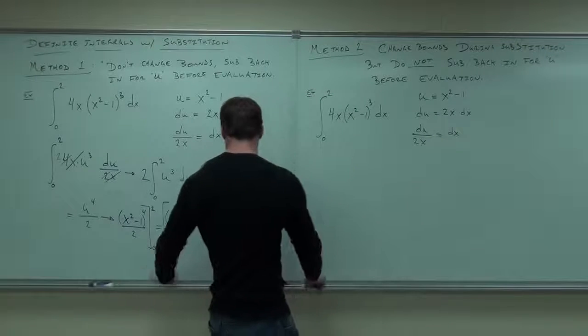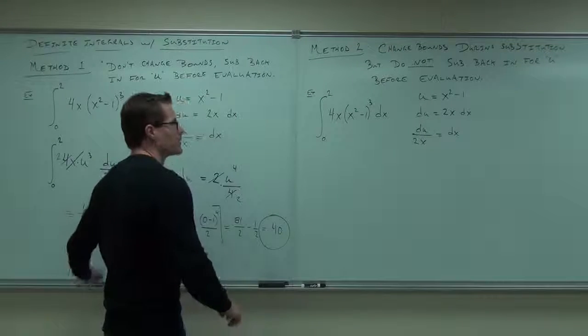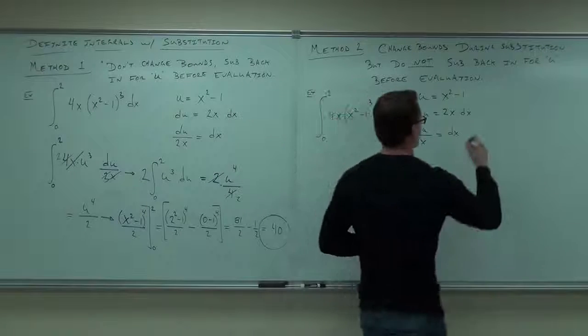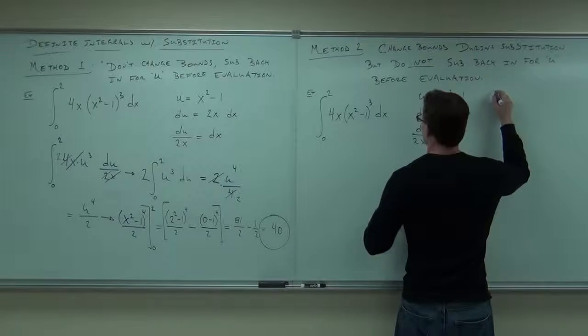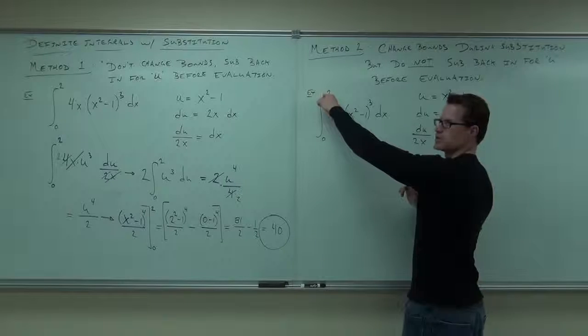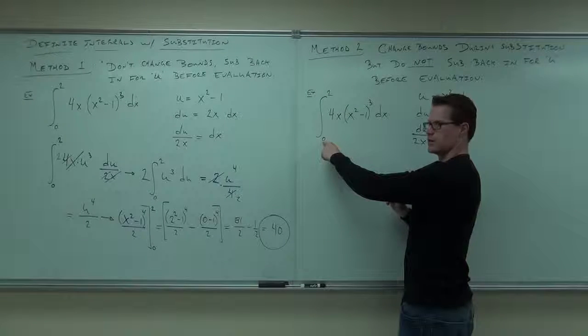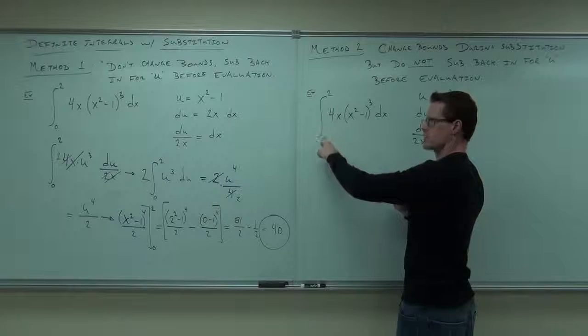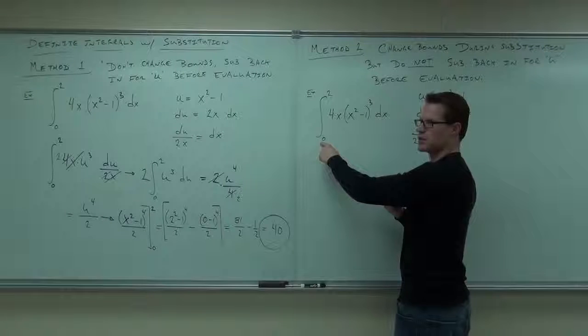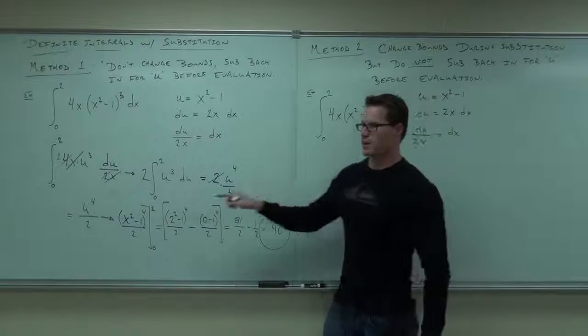All right, well, that's a good idea, Mr. Leonard. Let's try. Well, here's the point. When you look at that, that says x is going to become 2. That says x is going to become 0. Why don't you find out what u would be when x becomes 2 and when x becomes 0? Notice how we're actually doing that right here.